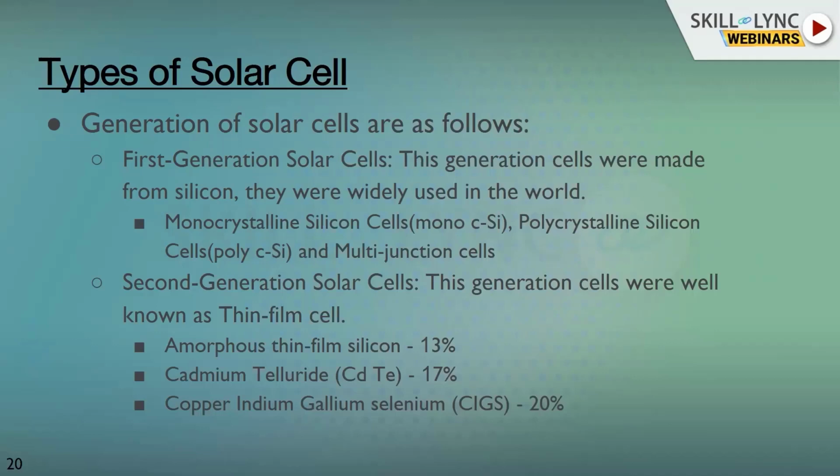Thin film also has different types of cells, like amorphous thin film silicon, cadmium telluride, and copper indium gallium selenide. This is the new generation type. Copper indium gallium selenide is a new technology that is still in experimental mode and has not come into commercial operation.